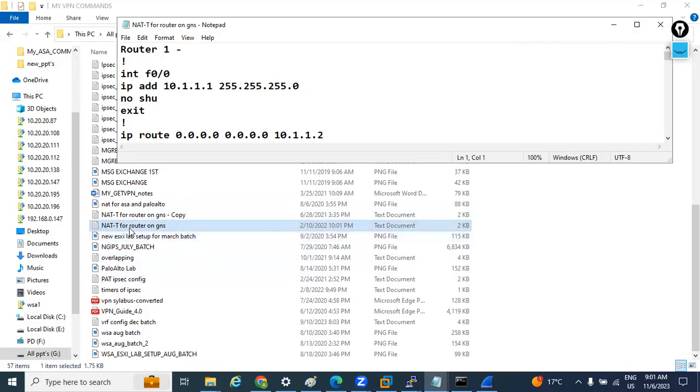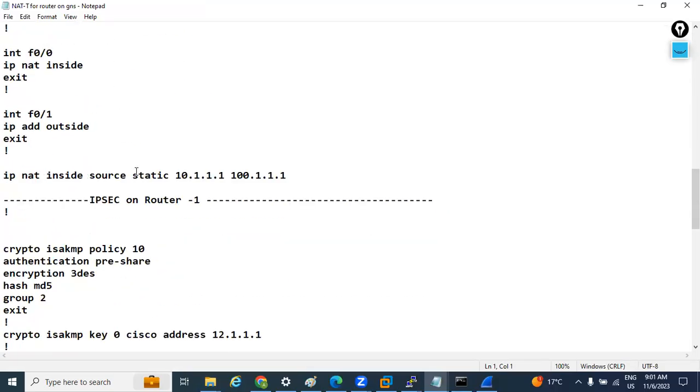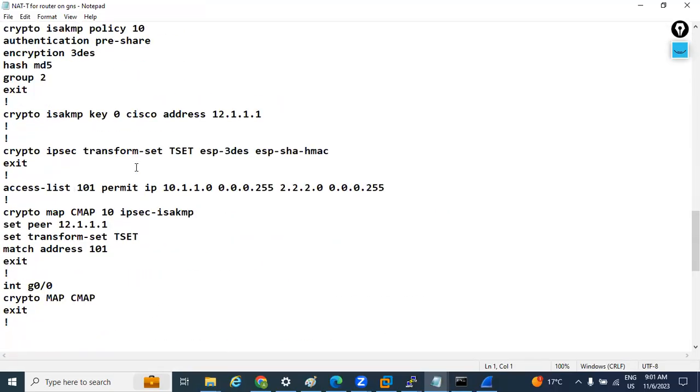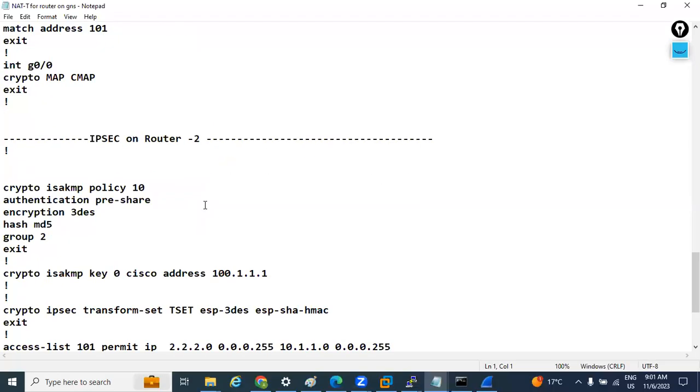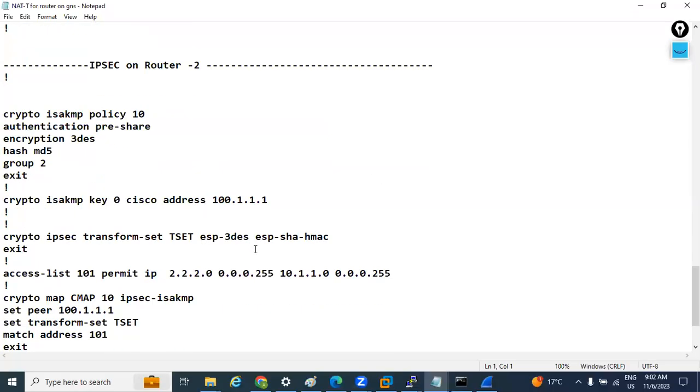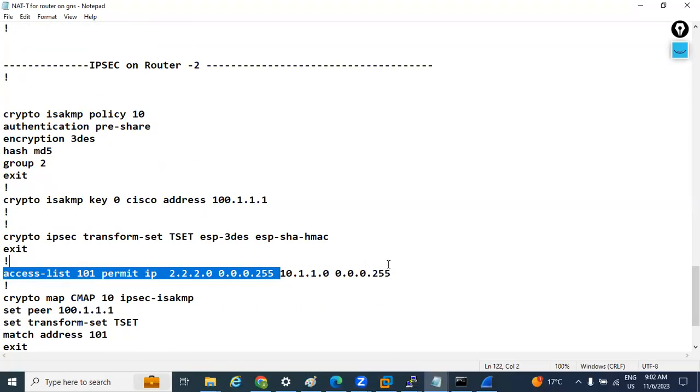Okay, see, this is NAT on GNS. I think I had to use it. I had it on GNS. This side I have used for the 10 network.